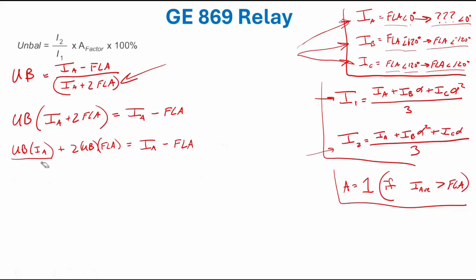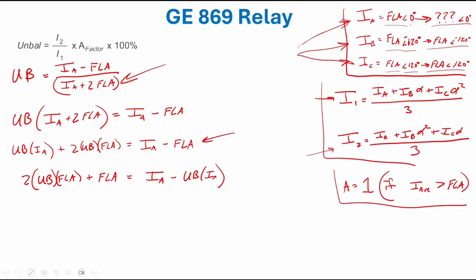That'll basically get this term over here and then this term over here. So that way we can get IA by itself, okay? So what we'll have is 2 UB FLA plus this FLA equals IA minus UB times IA.